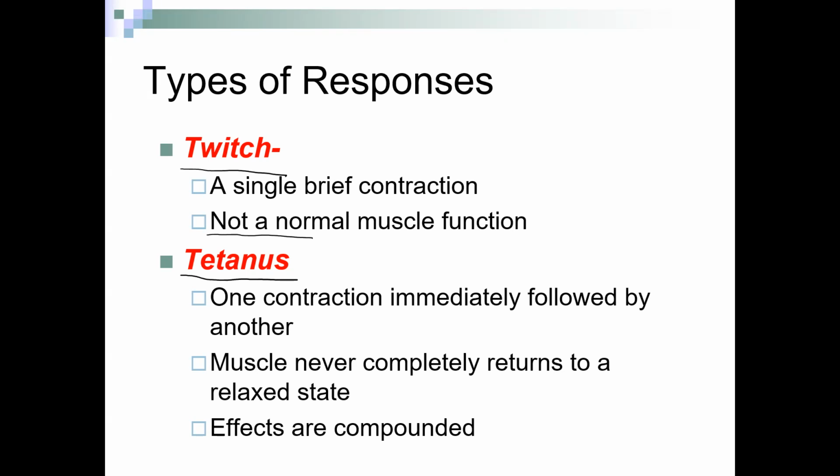Once again, you've all had a muscle contraction, right? You're minding your own business, and all of a sudden your calf muscle just starts to squeeze down. I don't know if it's ever happened to you. You're sleeping peacefully, and then all of a sudden you feel like somebody twisted a knife in your calf. And when you look down, the calf muscle is fully contracted, and it's hard to get it to relax.